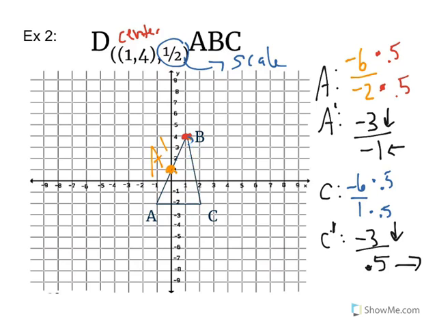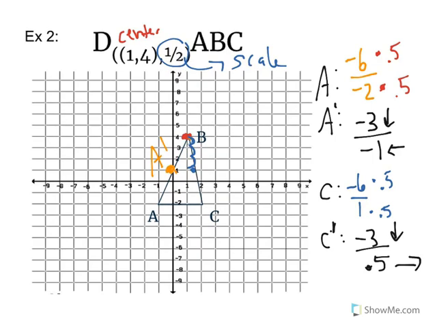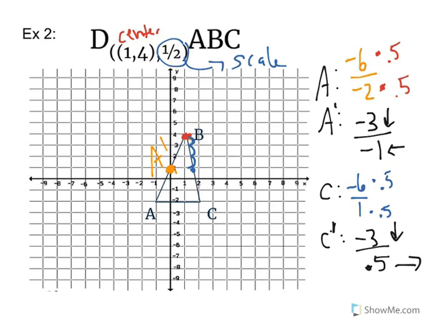So let's look at that on our graph. Down 1, 2, 3, and then to the right a half. So it's going to fall right about here, and that will be our C prime point.